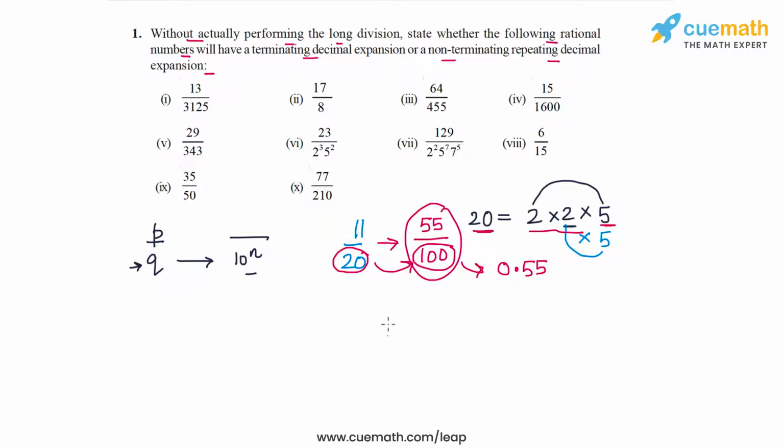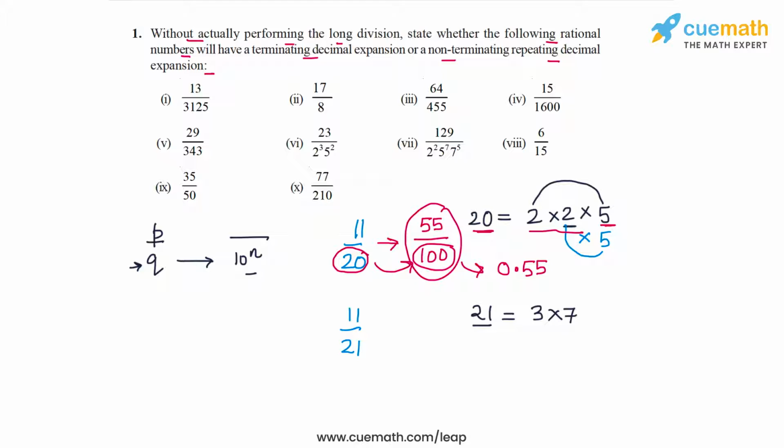On the other hand, consider a number like 11 by 21. Now 21 has the prime factorized form 3 times 7. So no matter what I multiply 21 with, I can never convert it into an exact power of 10.